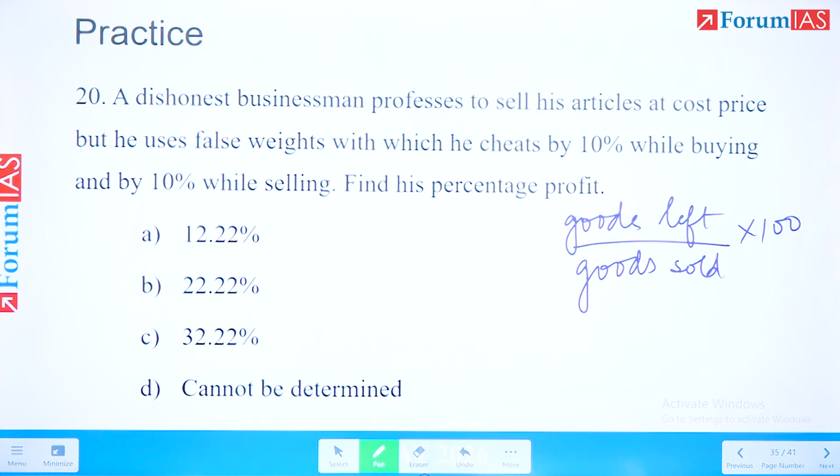Without that, we could not have solved it. Goods left divided by goods sold into 100.